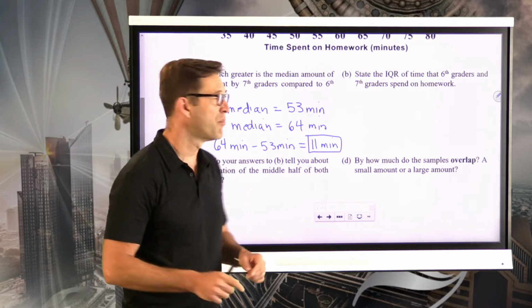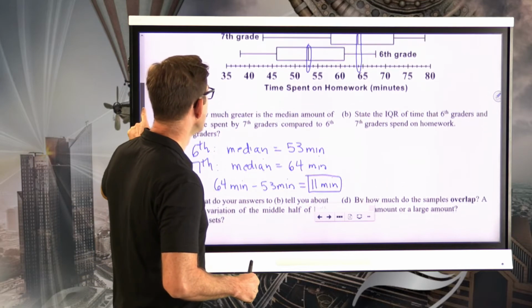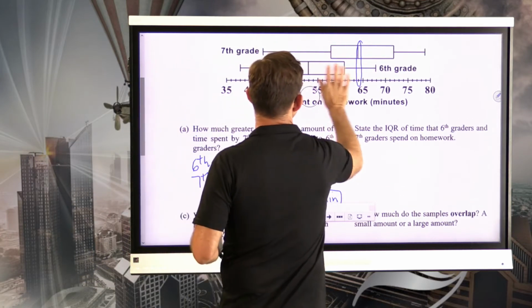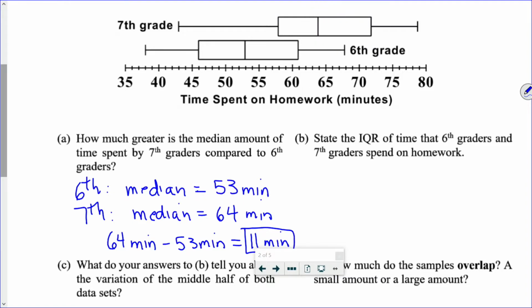All right, let me bring our box plot back on and maybe erase some medians here because they aren't part of this. Okay, so for 6th grade, we've got 61 and 46. So for 6th, our IQR is going to be 61 minus 46, which is equal to 15 minutes.